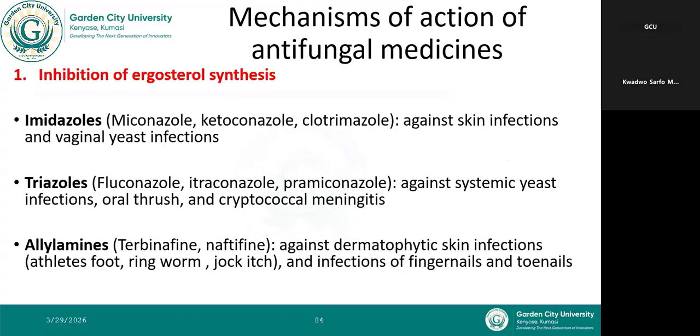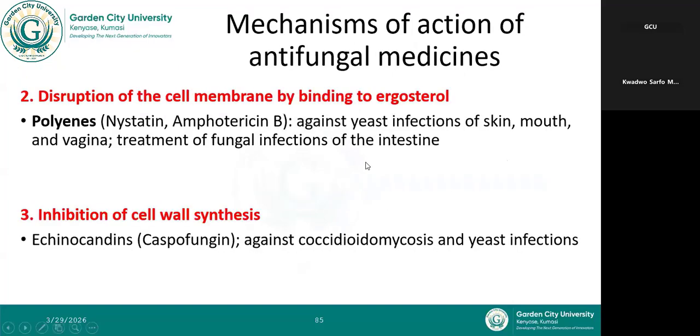So for the allylamines, examples are terbinafine and naftifine, for dermatophytes, the skin infections, so ringworm, jock itch, athlete's foot, and then fingernail or toenail infections. These can be used effectively against them.